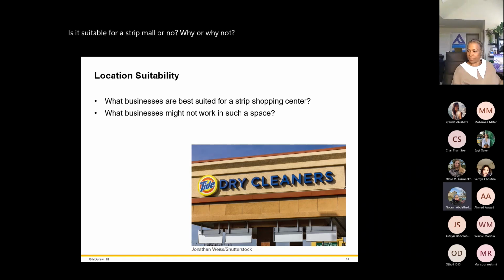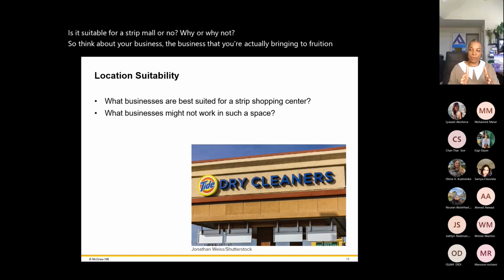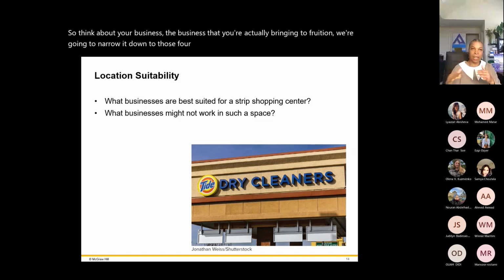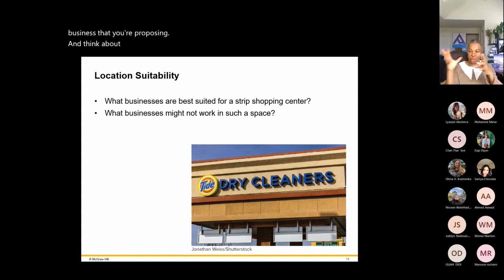Not all businesses can fit in such a shopping area. So think about the business that you're actually bringing to fruition. We're going to narrow it down to those four businesses represented here. Think about the business that you're proposing and think about, is it suitable for a shopping center?